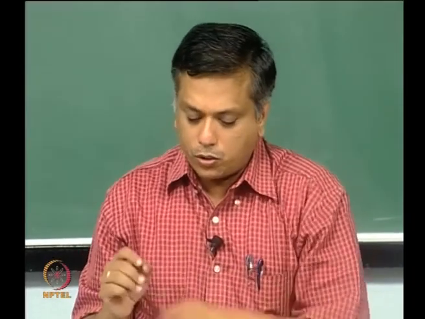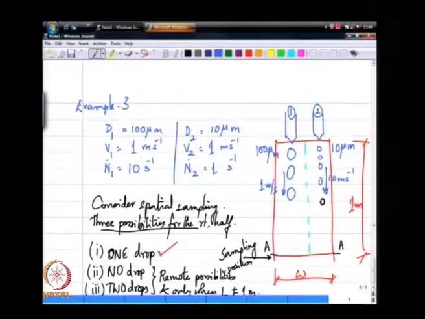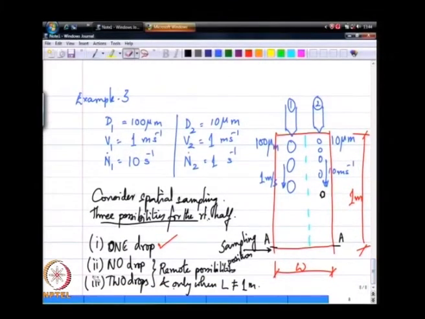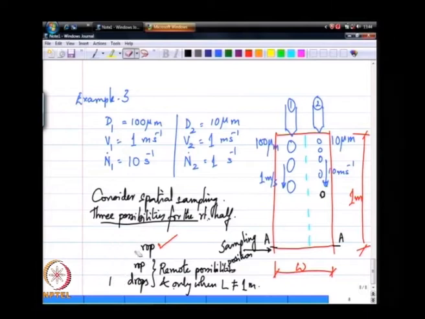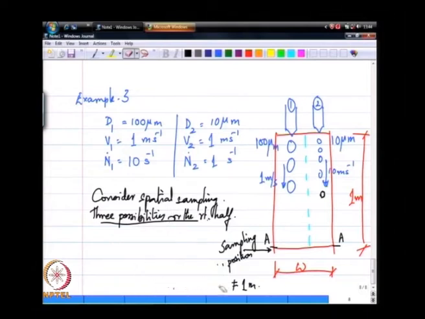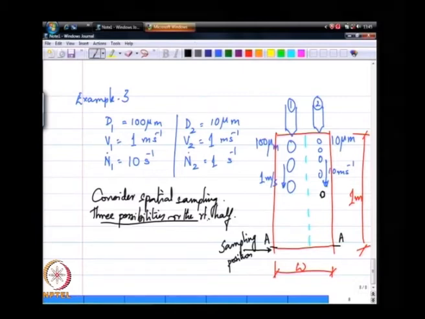When you do that, I am going to erase this part here because it corresponds to the previous example. But what could I possibly look for when I do spatial sampling in this? The fact that all the drops are moving at 1 meter per second.